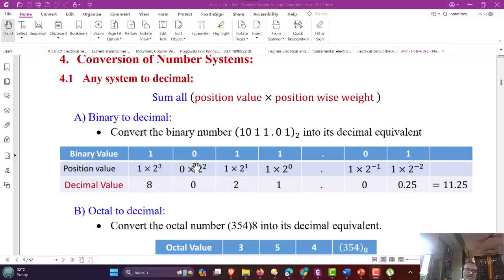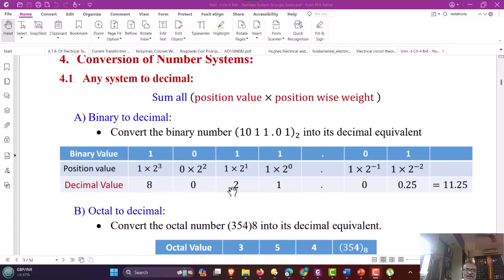Second position, the binary digit is 0, weight is 2 raised to 2, so 0 into 2 raised to 2 is 0. The third bit, that is the most significant bit, MSB or MSD you can call it, is 1, and the position weight is 2 raised to 3, which is 8. So the weight of this 1 in the MSD position is 8.